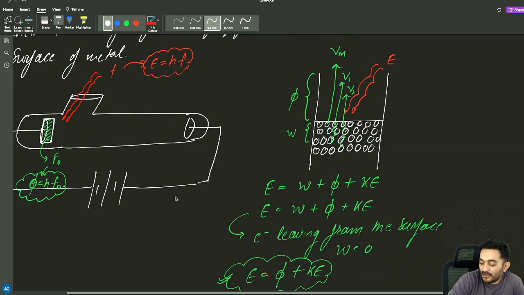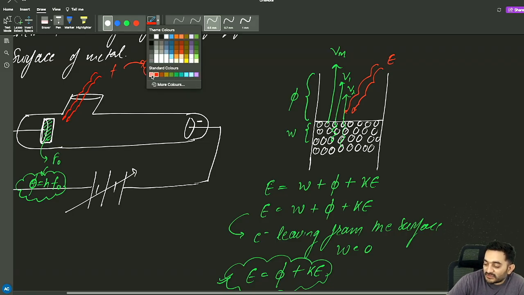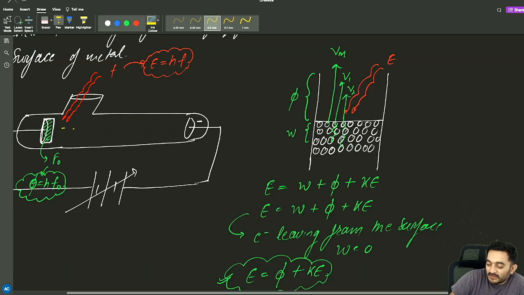Now look here. With the help of this commutator, you can make this plate negative, and the electrons which are coming out from the surface come out with a certain speed, and we know that one will be V max and then they will have different speeds.